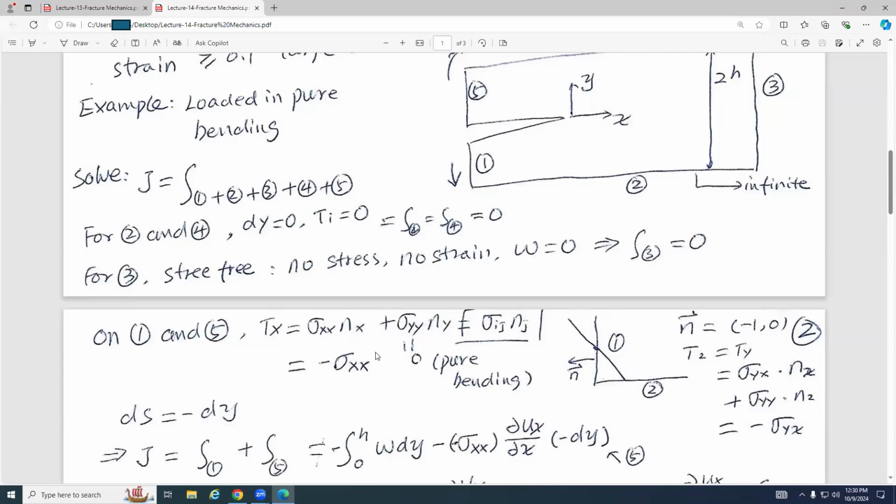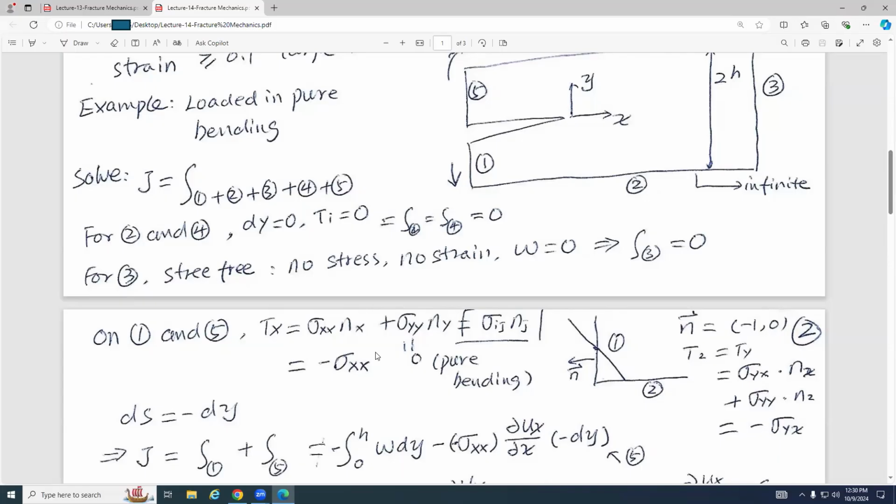So T1 equals sigma 11 n1 plus sigma 12 multiplied by n2.